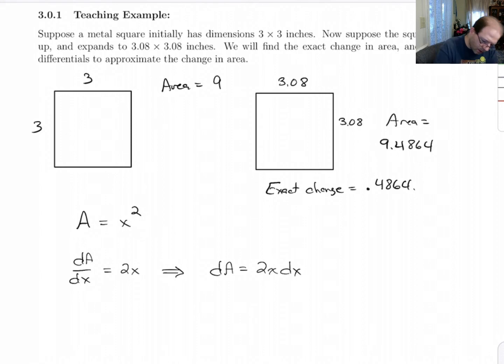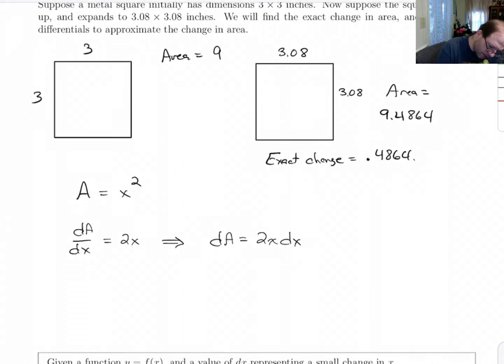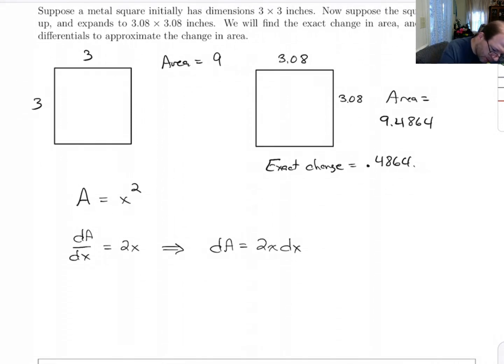Now here's sort of where that comes in. If we take this square that's 3.08, I'm going to draw in two things here. This is my original 3 by 3 square, and it increased its area by adding on this bit up here and this bit over here.